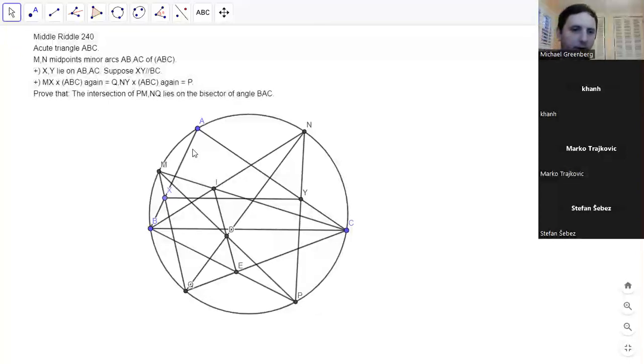So AX over XB. Any parallels we could draw?